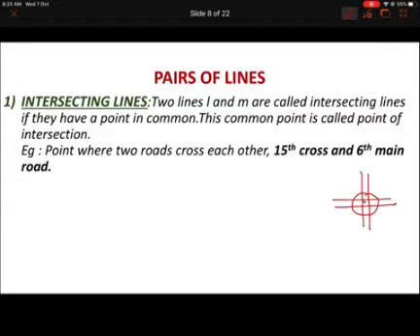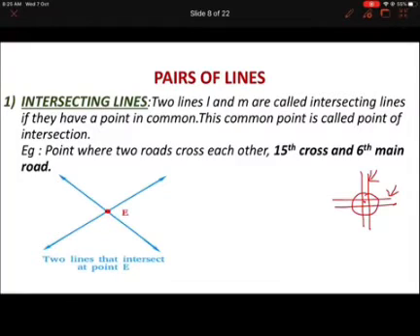So, this is called point of intersection, and these two roads are called intersecting roads. Two lines that intersect at a point, you can see this is the point of intersection. You can even label them as PQ and RS. So they are called intersecting lines.